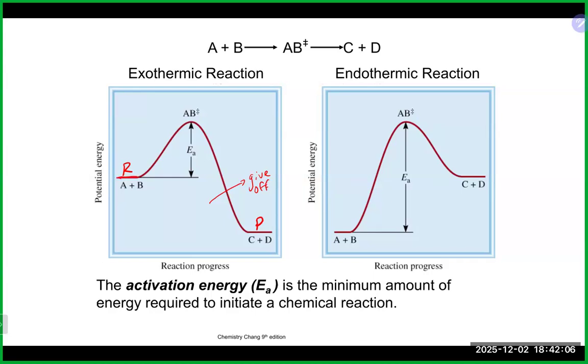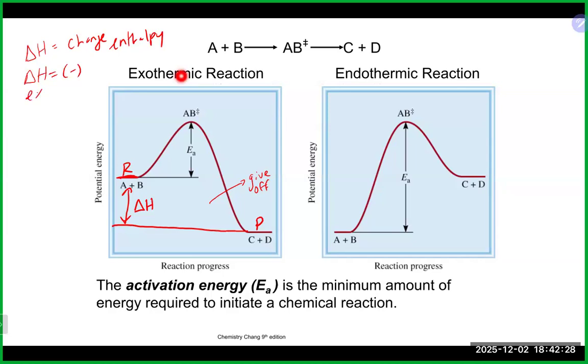If you take the difference between where the reactants are and the products, that is what is known as your delta H. And your delta H for that reaction is the change in enthalpy, kind of like the delta H we use for bond energy in that chapter. And a reminder that if the delta H is negative, it is exothermic.